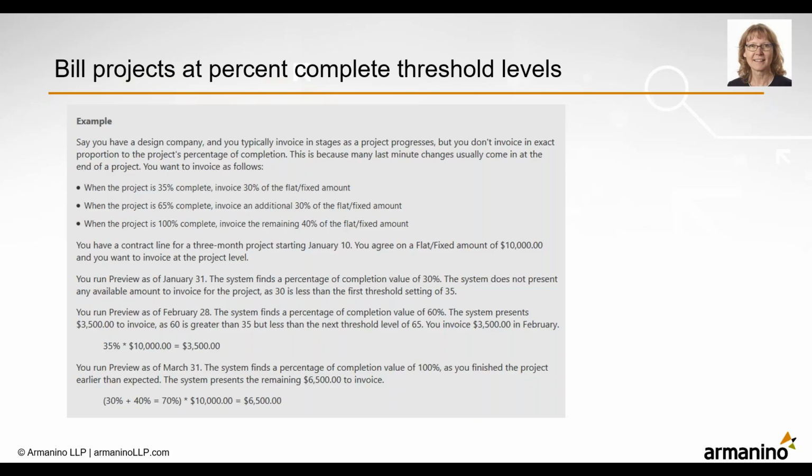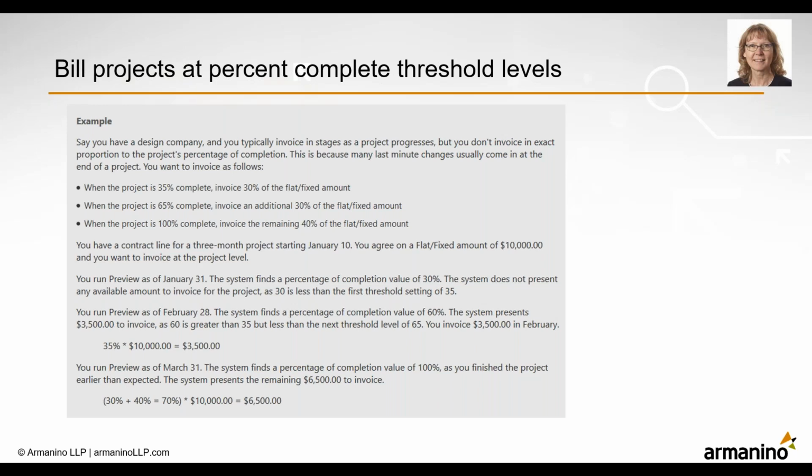And there's a good example in the new release notes. I just copied this in here rather than trying to come up with an entire scenario of my own, because this is a really good example, right? So we put in our percents based on that information in the prior screen, and then this tells you exactly what's going to happen. So when the project is 35% complete, invoice 30% of the flat fee fixed amount. Okay.